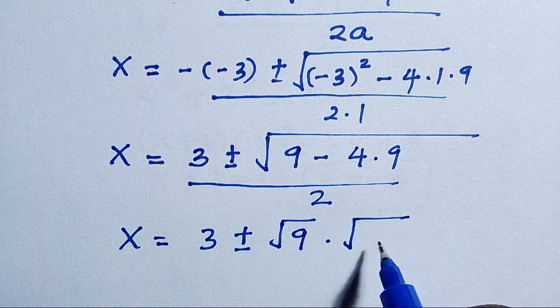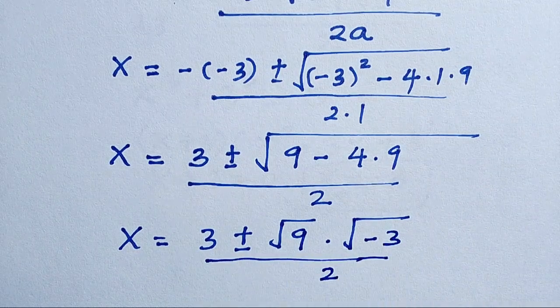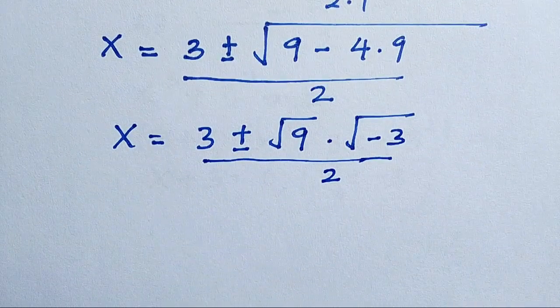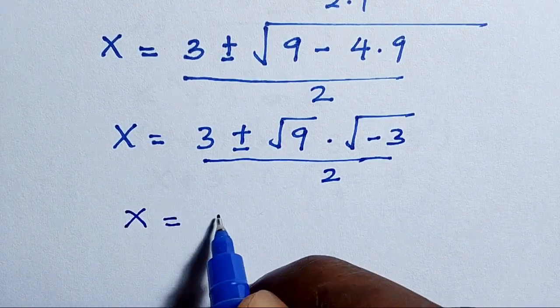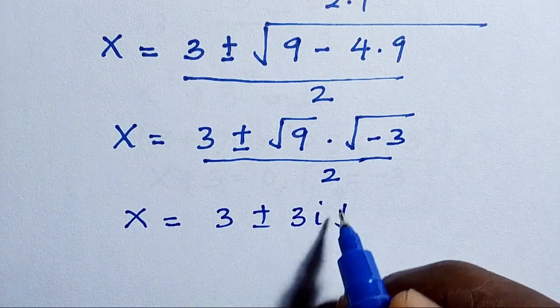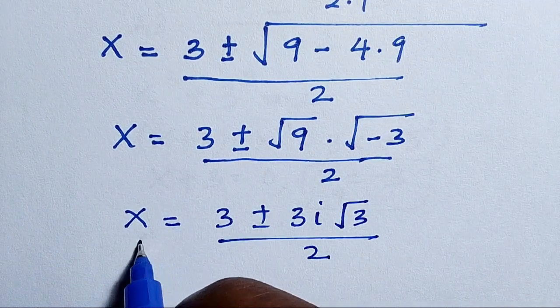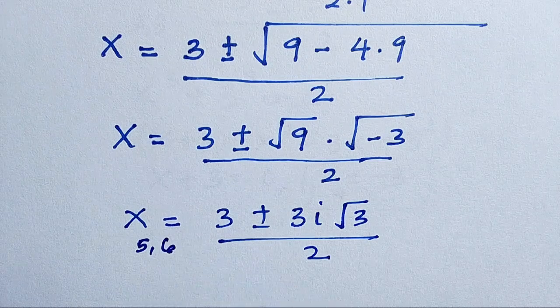So 1 minus 4 gives us minus 3, divided by 2. We have applied this above already. So here we have x equals 3 plus or minus 3i root 3 divided by 2. I will consider this as x5, x6.